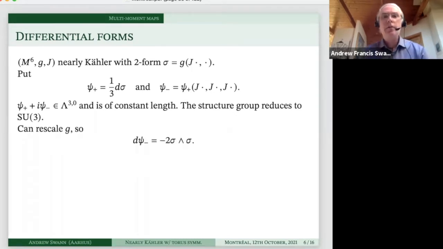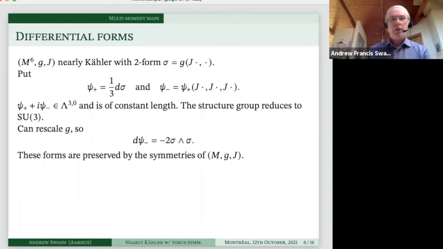One can rescale g by a homothety so that you can normalize things so that the differential of psi minus is minus 2 times sigma squared.